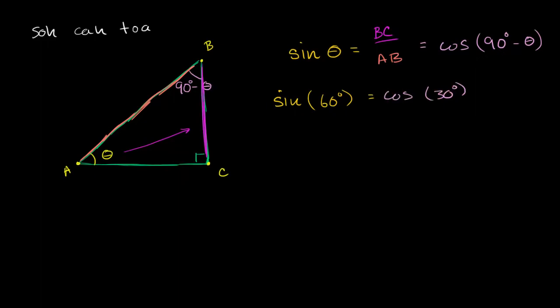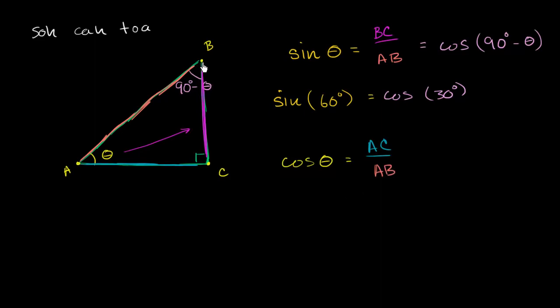We could think about the cosine of theta. The cosine of theta is going to be equal to the adjacent side to theta, to angle A, I should say. The adjacent side is right over here. That's AC, so it's going to be AC over the hypotenuse. Adjacent over hypotenuse. The hypotenuse is AB. But what is this ratio from angle B's point of view?